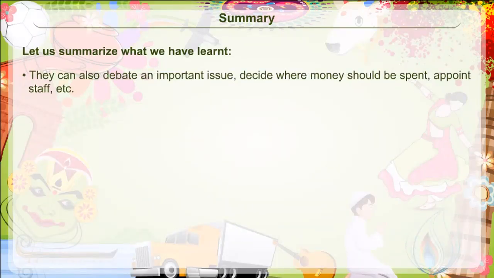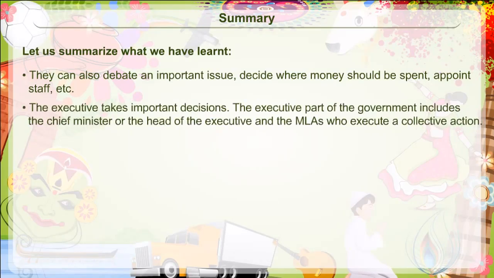They can also debate an important issue, decide where money should be spent, appoint staff, etc. The executive takes important decisions. The executive part of the government includes the Chief Minister or the head of the executive and the MLAs who execute a collective action.